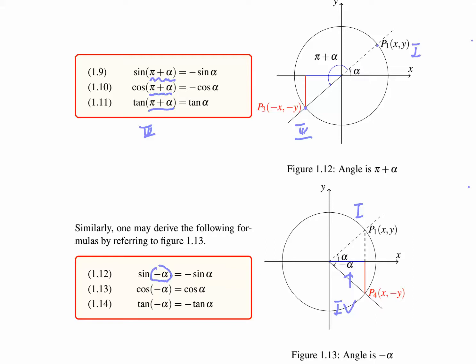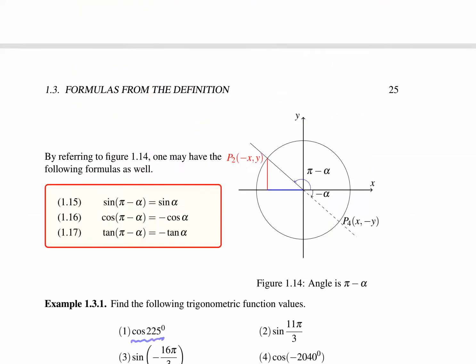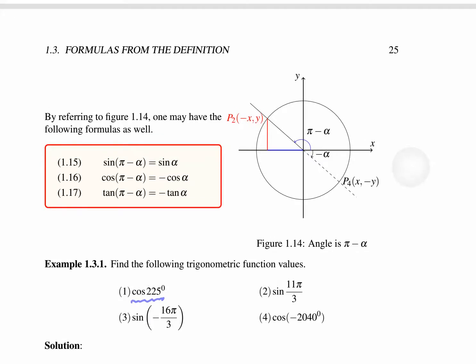And then the third group of the theorem will be, of course, between quadrant 1 and quadrant 2. So that will be this group. Actually, here is between quadrant 4 and quadrant 2. So here is between quadrant 2 and quadrant 1.